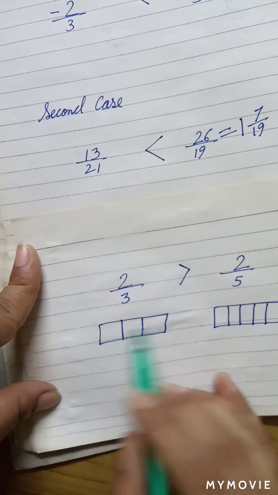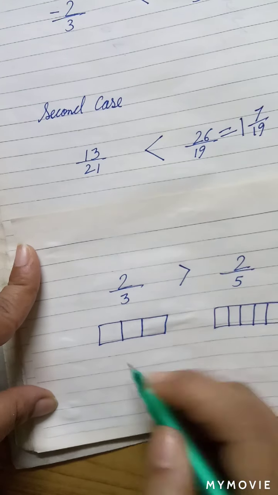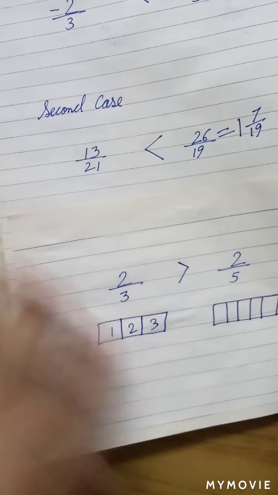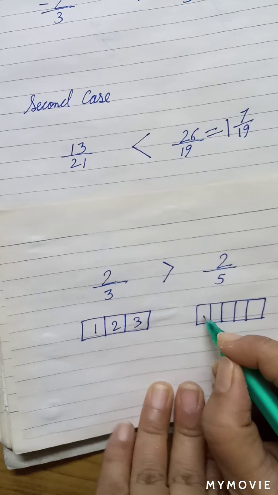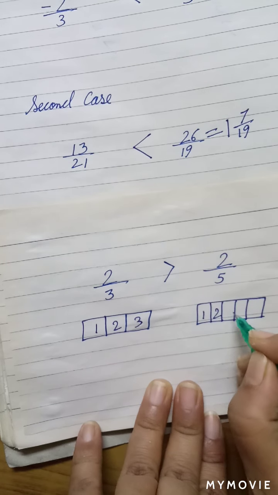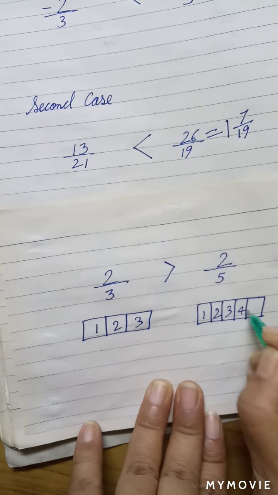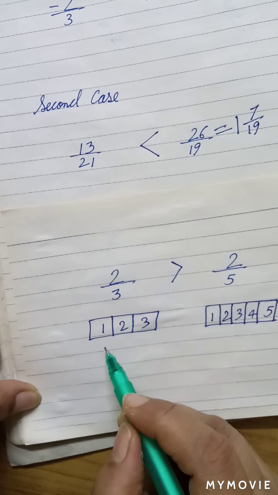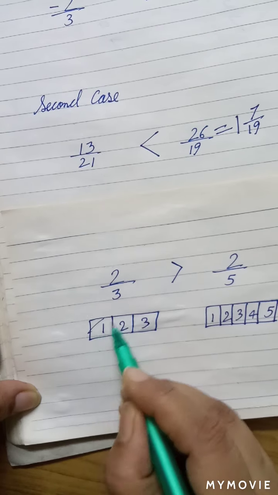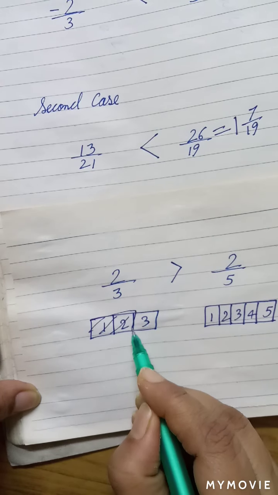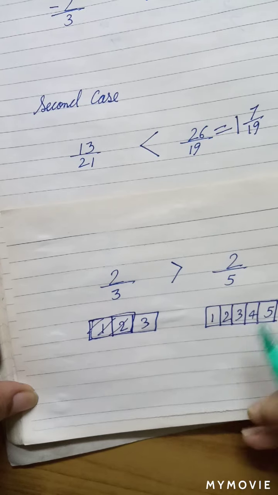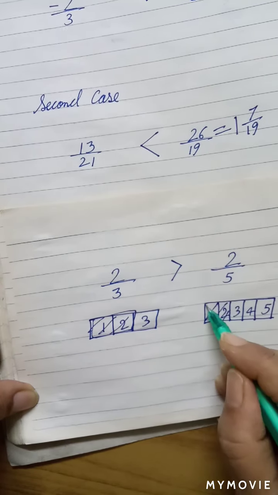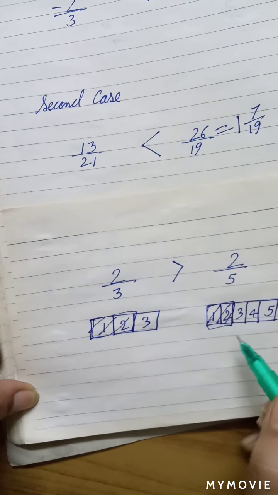Say I have a material and I divided it into 3 equal parts. And the same material I divided into 5 equal parts. Now if I take out 2 parts out of 3 parts, this much part has been extracted. And here if I take out 2 parts out of 5 parts, this much has been extracted.